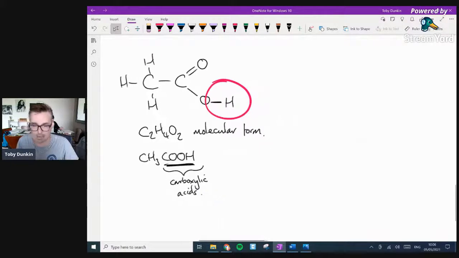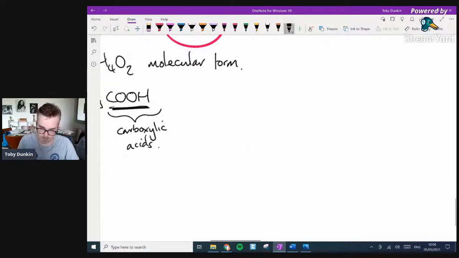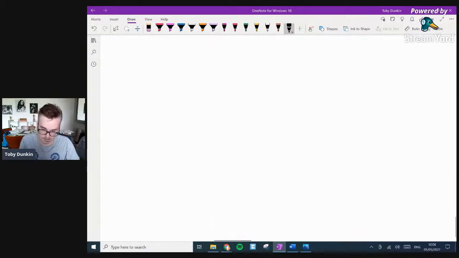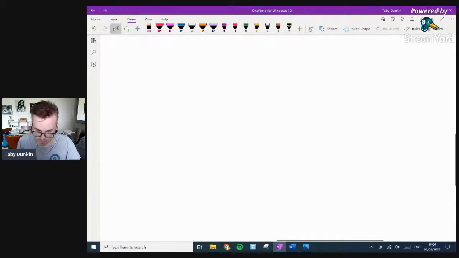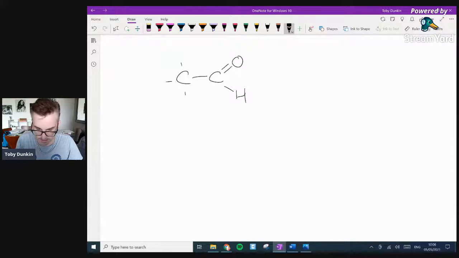Okay, I'll give you another example. I don't want to go too much out. This is going way off piece now, guys. Here's another one. This is an aldehyde. This is ethanol. I'll be teaching you these soon in organics.